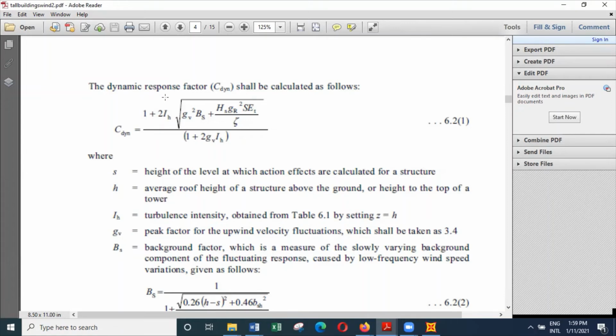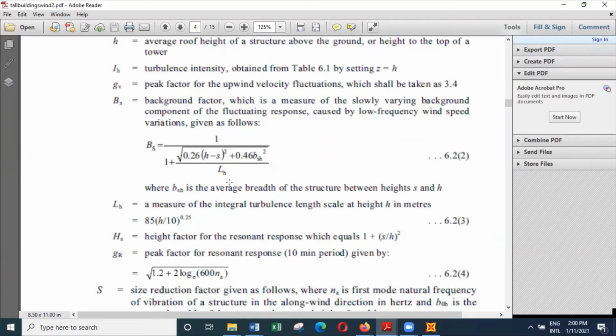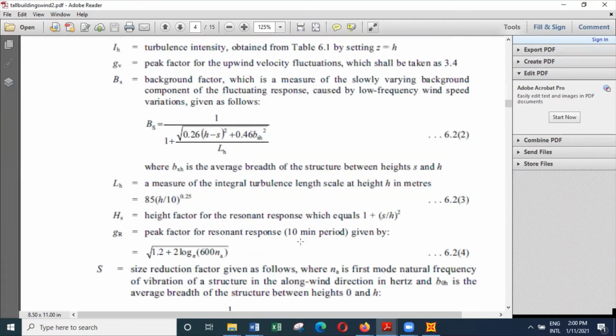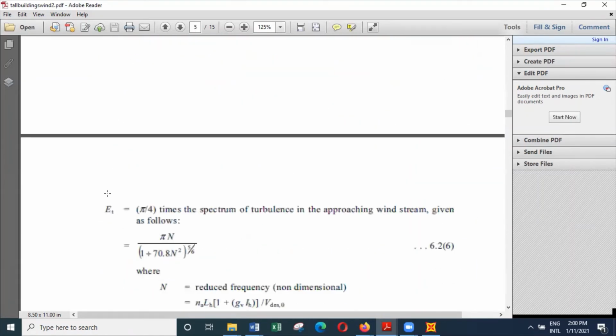Then to get the full effect, you have to add them up and then take the square root of it. So this factor responds to the static effects, and this factor, once combined, they refer to the dynamic effects.